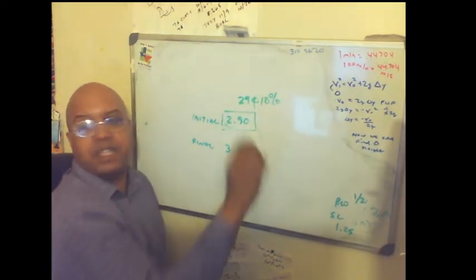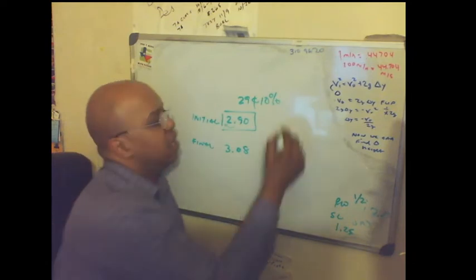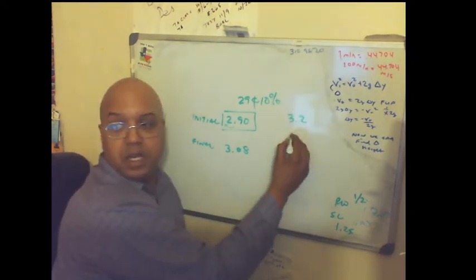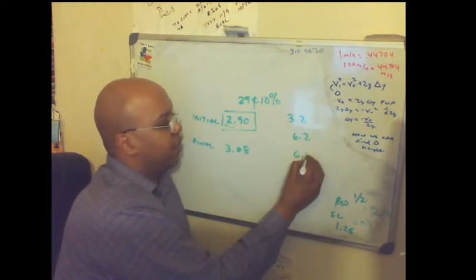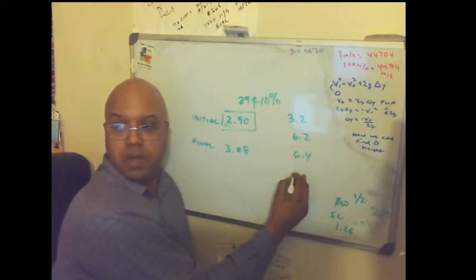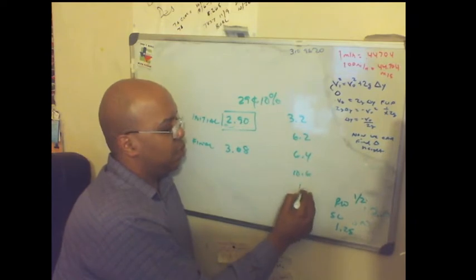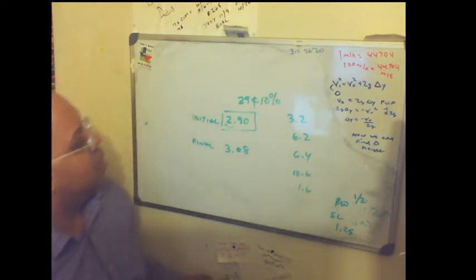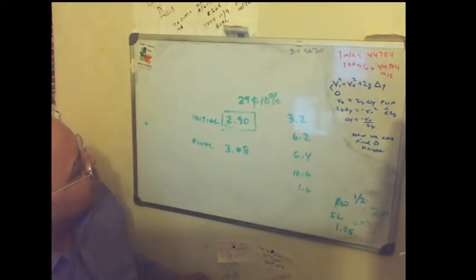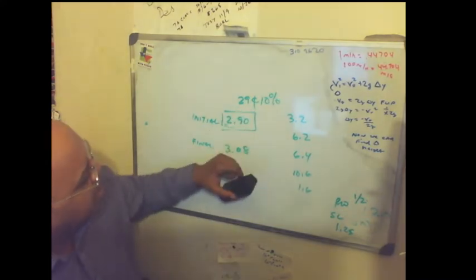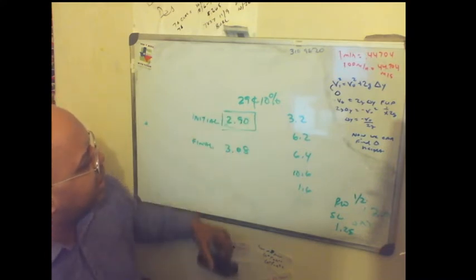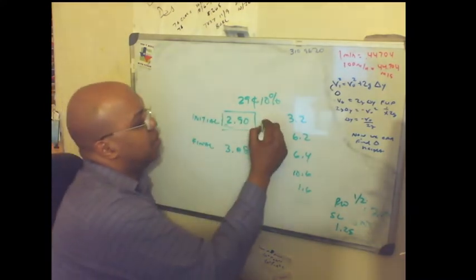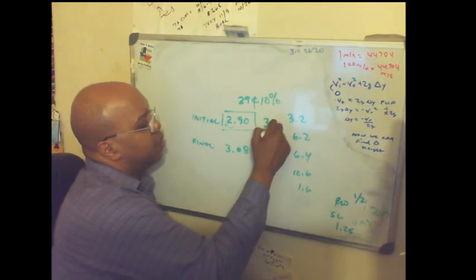Just use that as a baseline because they're saying 3.2%, 6.2, 6.4, 10.6, and 1.6. All right. So if this is 10%, we move it over another decimal point, and it would be like 3 cents. That would be 1%. All right. So 3 cents would be 1%.